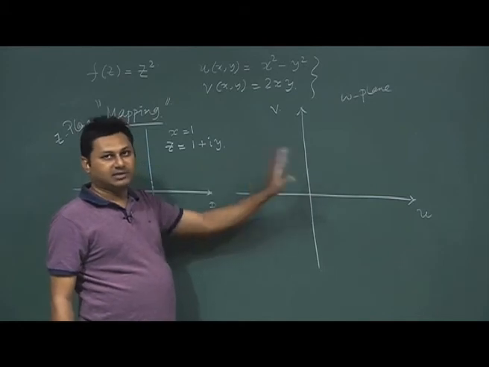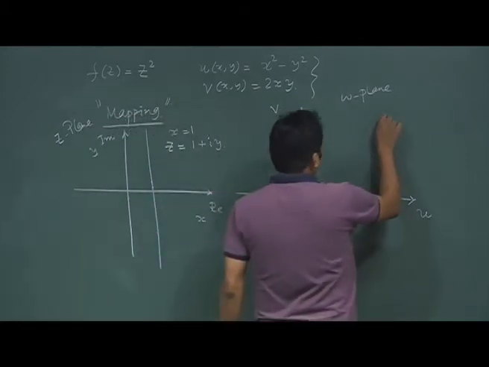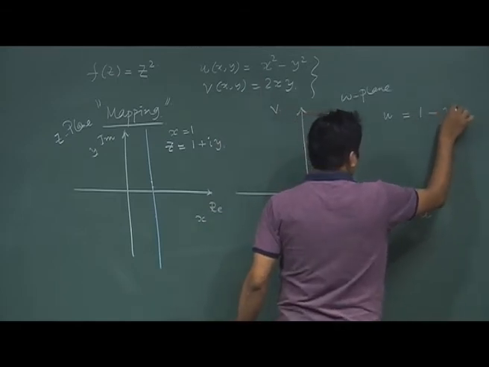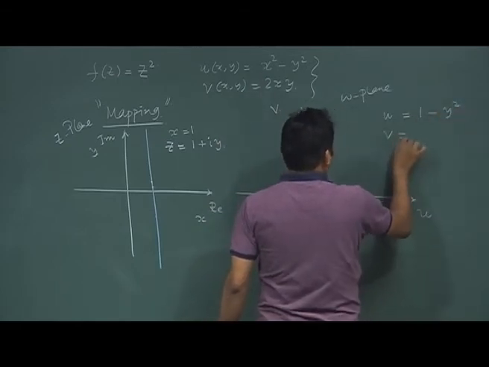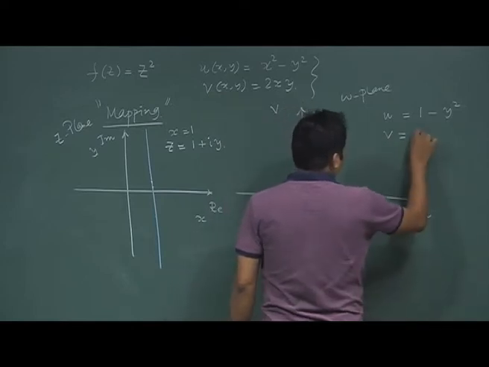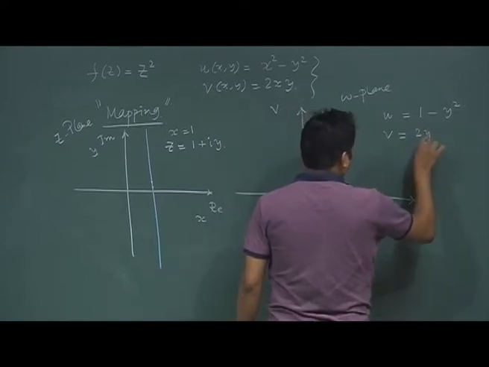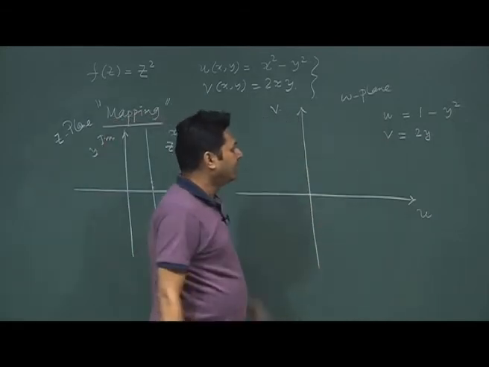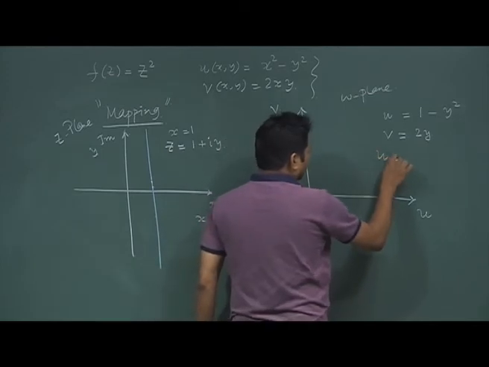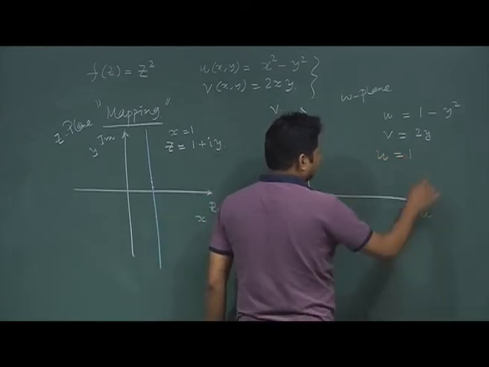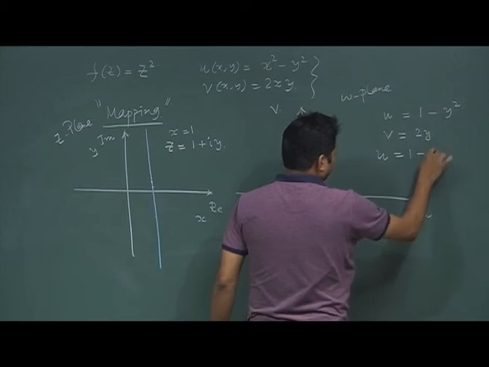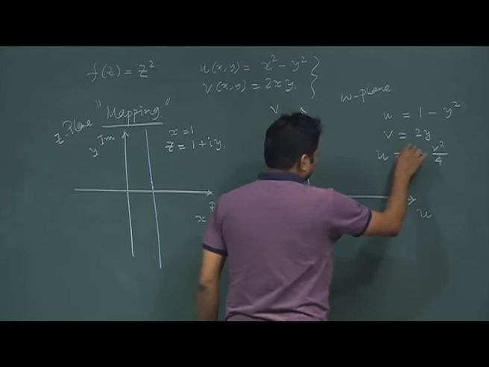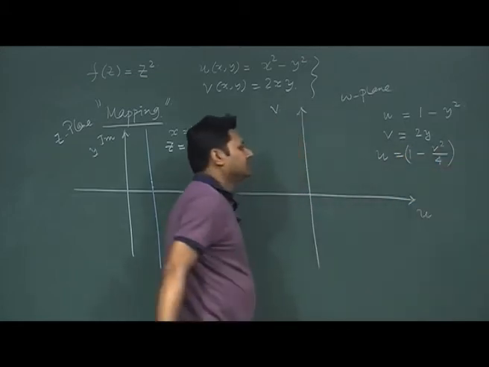If I put x equal to 1, u will be 1 minus y squared, and v will be 2y. So the relationship between u and v is u equal to 1 minus y squared, which is 1 minus v squared by 4. This is the relationship between u and v.